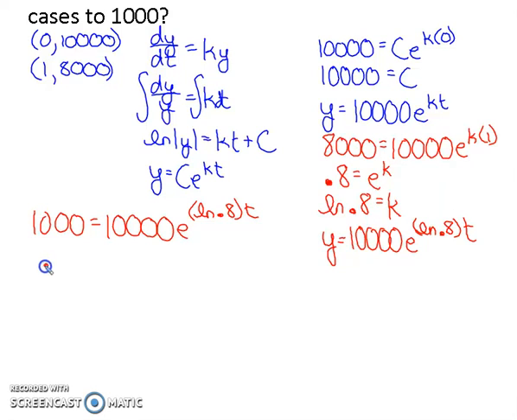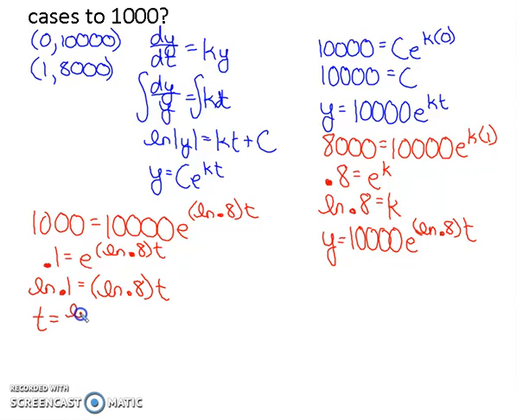So we divide by 10,000, you get 0.1. And then we would take the natural log on both sides to get rid of the e. And so your time is going to equal the natural log of 0.1 divided by the natural log of 0.8, which is 10.319 years.